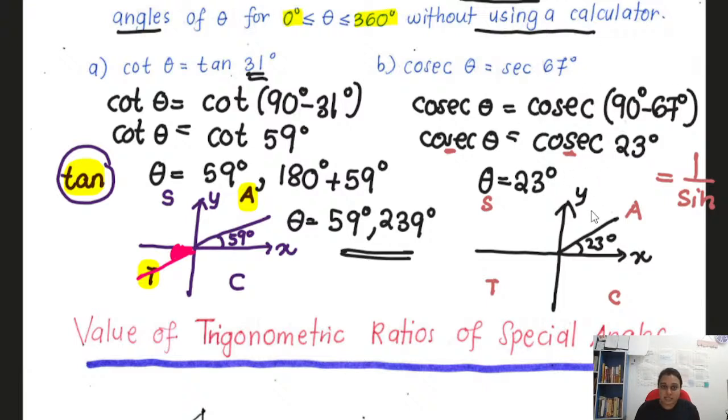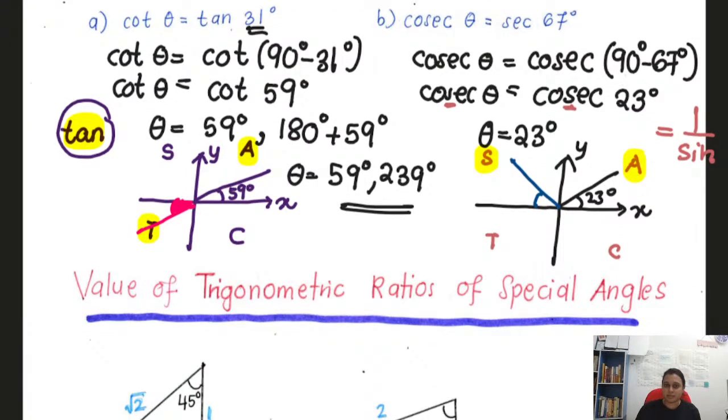That means kita kena cari in the first quadrant and the second quadrant. Second quadrant macam ni kan? So you must cari yang nilai ke berapa. How to find for second quadrant? The formula: kalau second quadrant, 180 minus 23. Still remember or not? Ingat lagi tak?